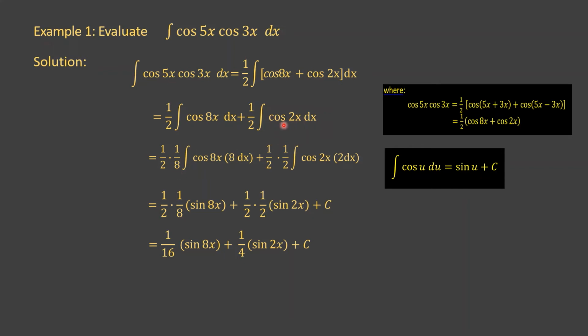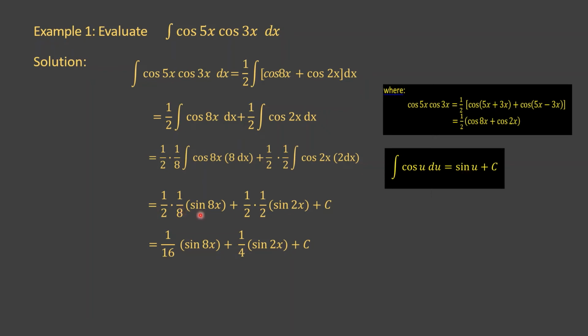Now, as to the other integral, for the differential of 2x, we need 2 dx. So again, we introduce the factor 2 and then we multiply the whole integral with its reciprocal 1/2. So in this given form, cosine of 8x 8 dx and cosine of 2x 2 dx can now be fitted to the form cosine u du, giving us an integral of sine u.